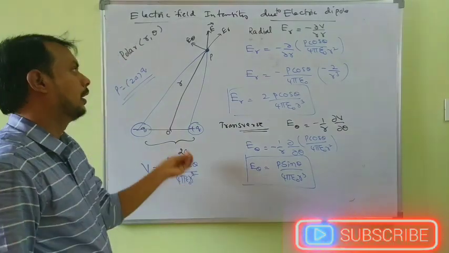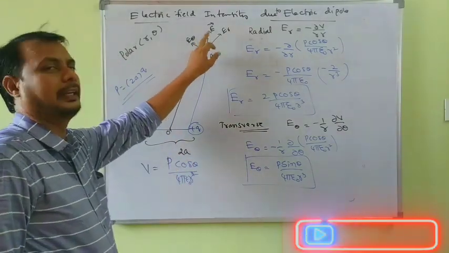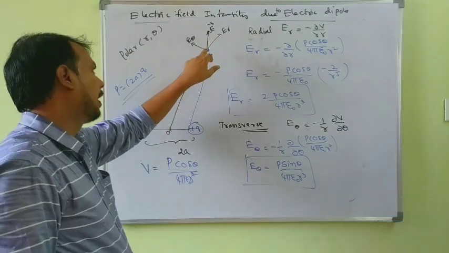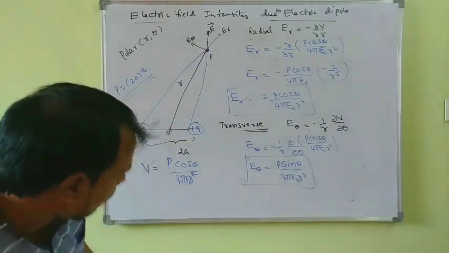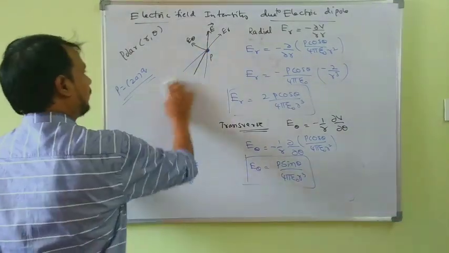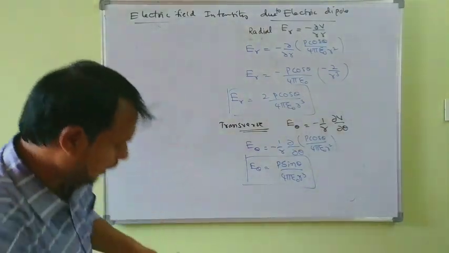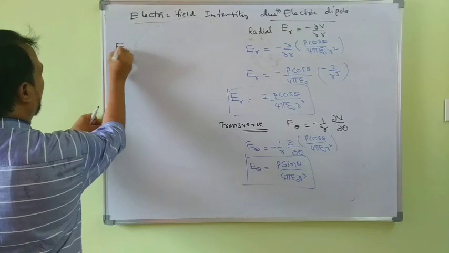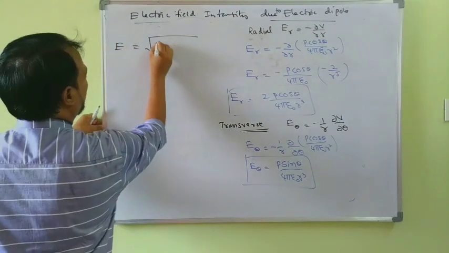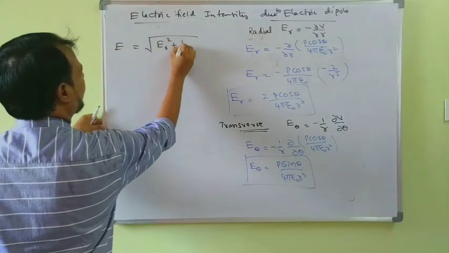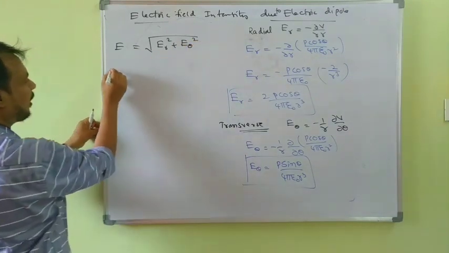Therefore the resultant electric field E bar at point P can be written as: the resultant electric field intensity at point P equal to root over ER square plus E theta square.